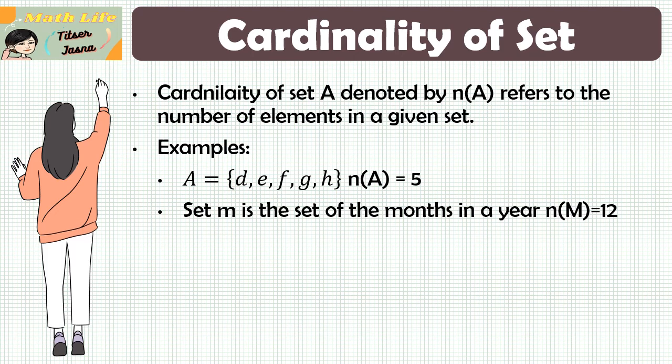Okay? And another example is for an infinite set A. We're going to write it as the cardinality of A is equal to infinity. So we're going to use the infinity sign.